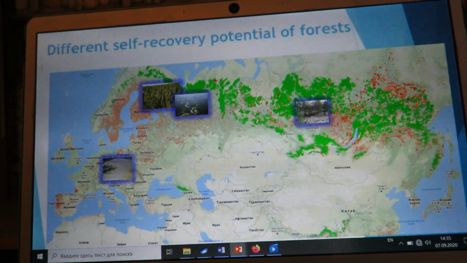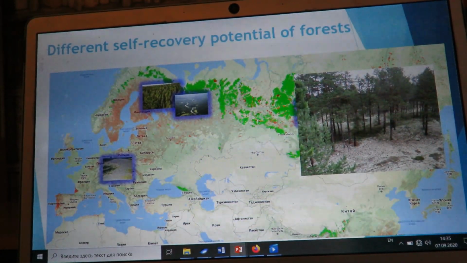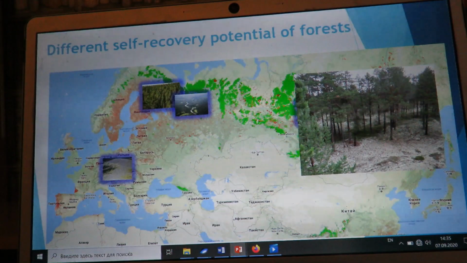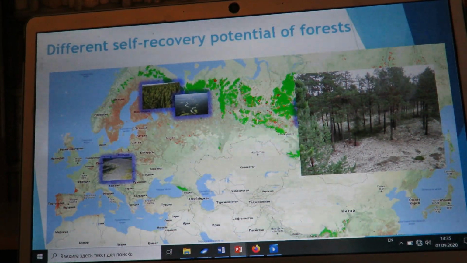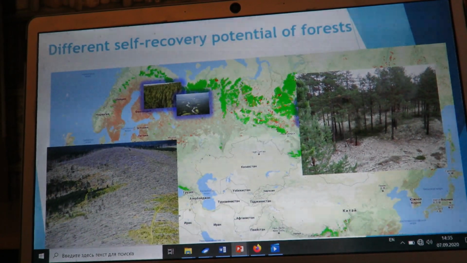So we can look at the pine forests here in Yenisey region, and also at spruce stands in Czech Republic, and we can see that while the history of these ecosystems is different, they have something in common.